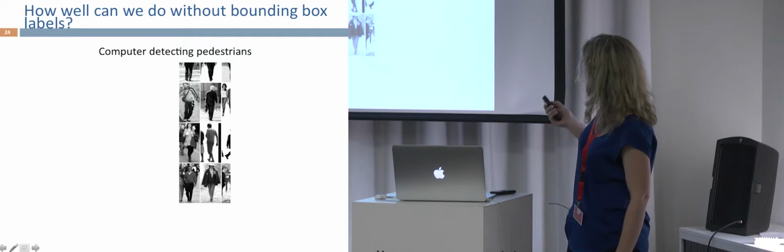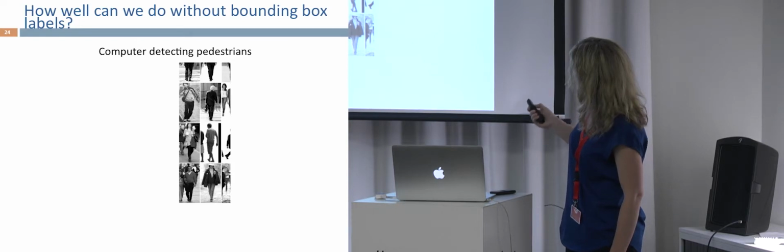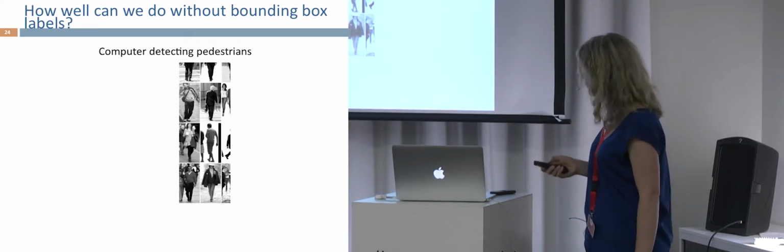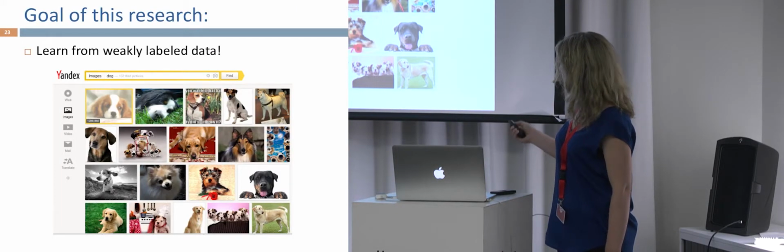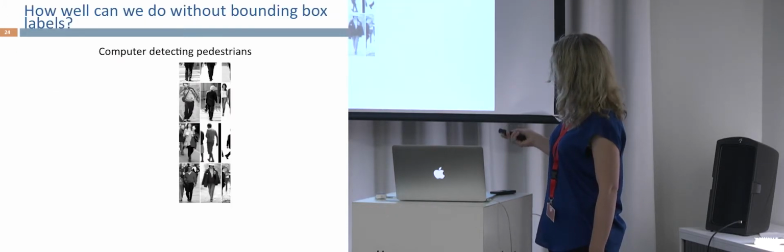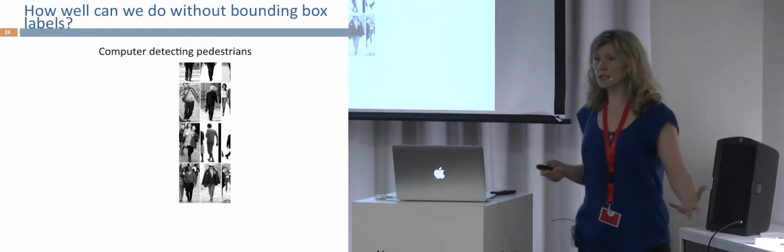This is the result of our method detecting pedestrians in cluttered images without any bounding box labels at training time. We train the method on just generic image search images like this, and then it's able to place bounding boxes around the people and do detection at test time.